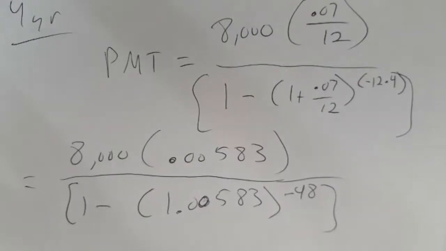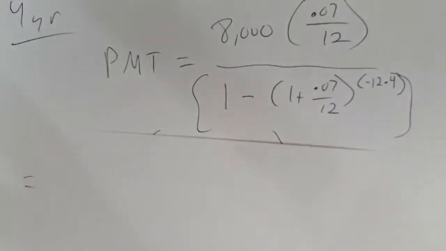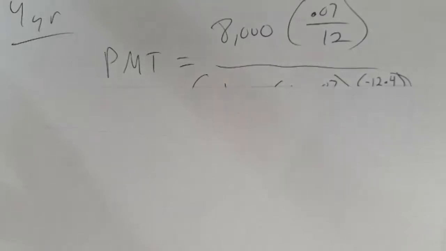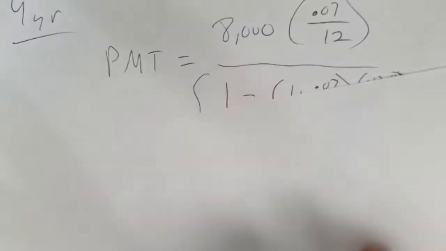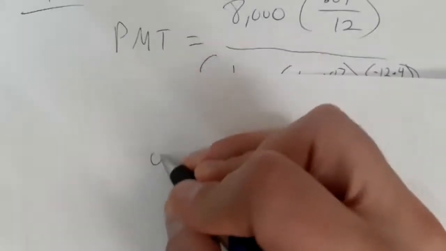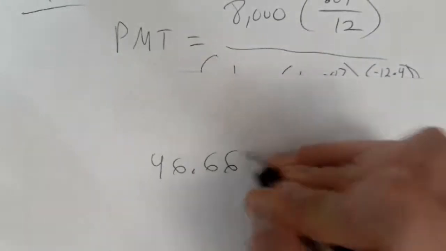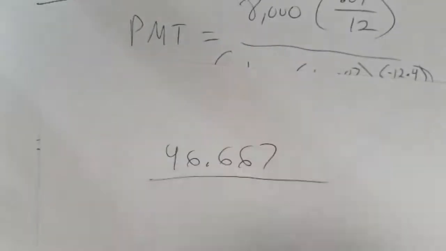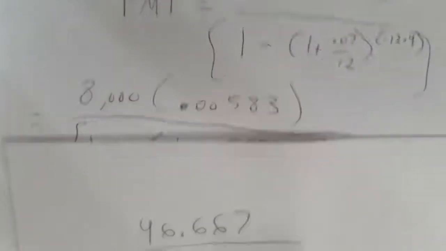So 8,000, what am I doing? 8,000 times what? 0.07 over 12. On the top, we should be getting like 46.67. That is what my top seems to be simplifying out to.